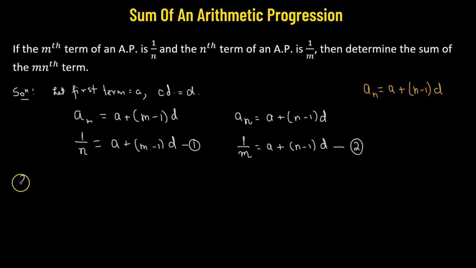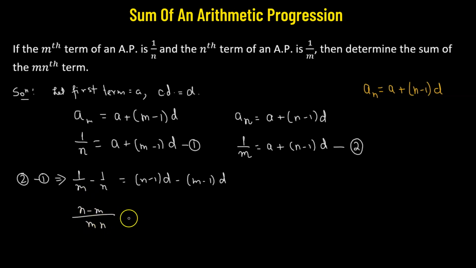And what we'll do, we'll subtract equation number 1 from equation number 2. That means we will get 1 over m minus 1 over n, which equals n minus 1 times d minus m minus 1 times d. Combining the two terms on the left hand side, we have n minus m divided by mn, which equals, taking d as the common factor, n minus 1 minus m plus 1 multiplied by d.